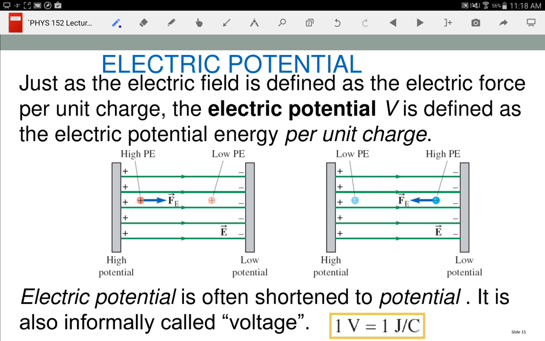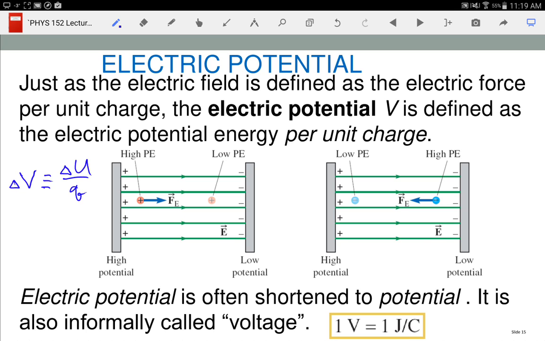So electric potential is defined as, actually this way, the change in electric potential, we use the symbol V for electric potential, is equal to the change in electric potential energy per unit charge, per charge Q, excuse me. That's how we define electric potential, defined by the change.